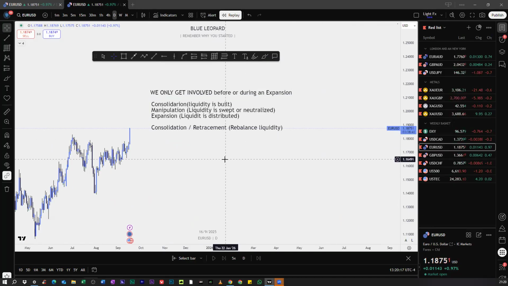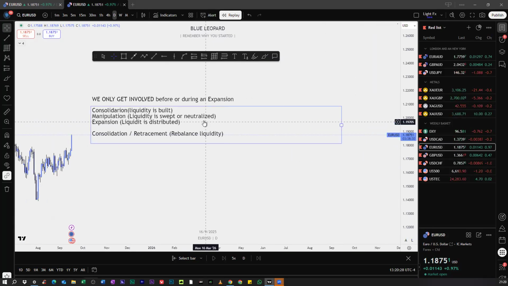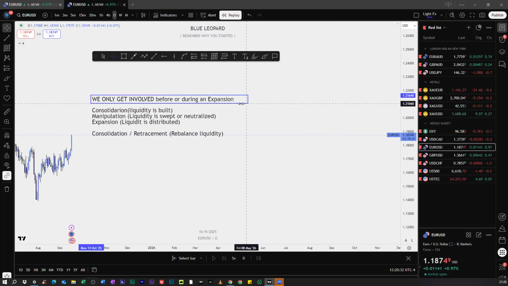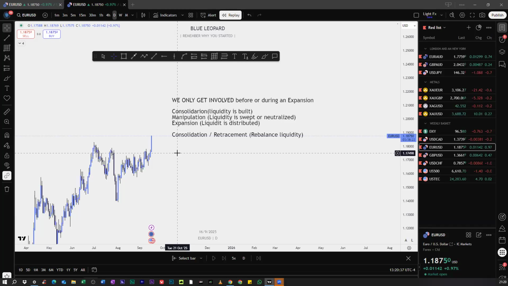Is it an H4 expansion? Is it a daily expansion that I'm targeting? And when you decide which one you're targeting, then you decide your style of trading. Because if you're targeting a weekly expansion, you will take a swing trade. But if you want to target a 1 hour or H4 or 30 minutes expansion, maybe you are scalping.